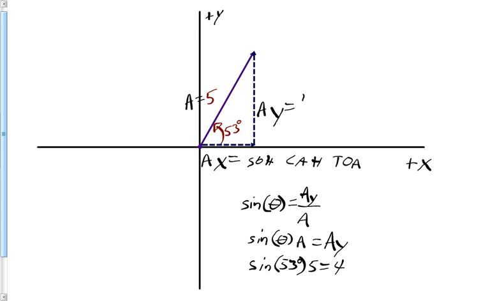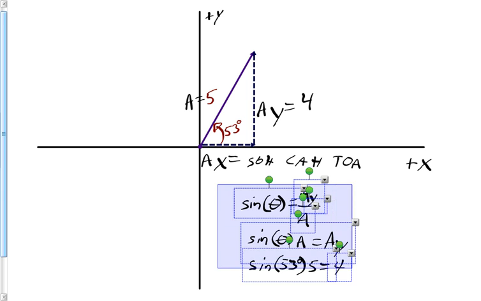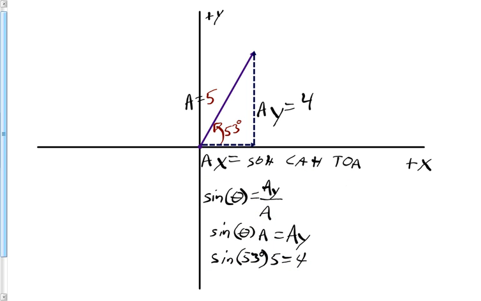So this is 4. And if I do the same thing with cosine, I'm going to say that the cosine of angle theta is going to be equal to, well, that's the adjacent divided by the hypotenuse. So the adjacent is going to be the x direction divided by A. So that means that cosine of angle theta times A is equal to the adjacent side, which is the x direction.